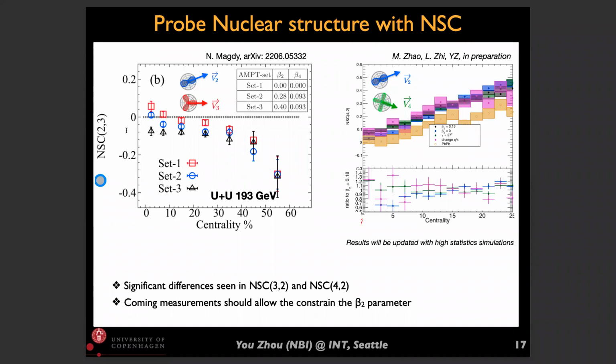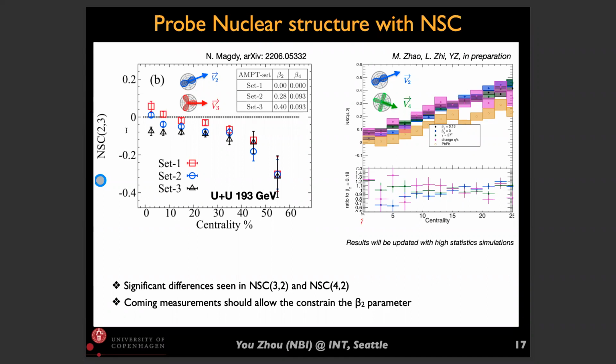So we didn't change beta 4 at all, only changed beta 2 from 0 to 0.18. But then we also changed the triaxial structure, so we have gamma equals 0 and gamma equals 27 degrees, which is more precise and gets closer to reality. There's basically no difference. The greenish points with a very large uncertainty are compatible with 1.